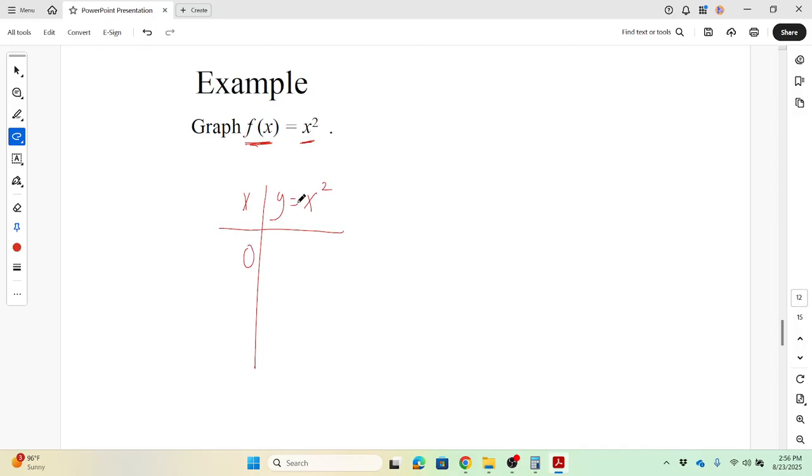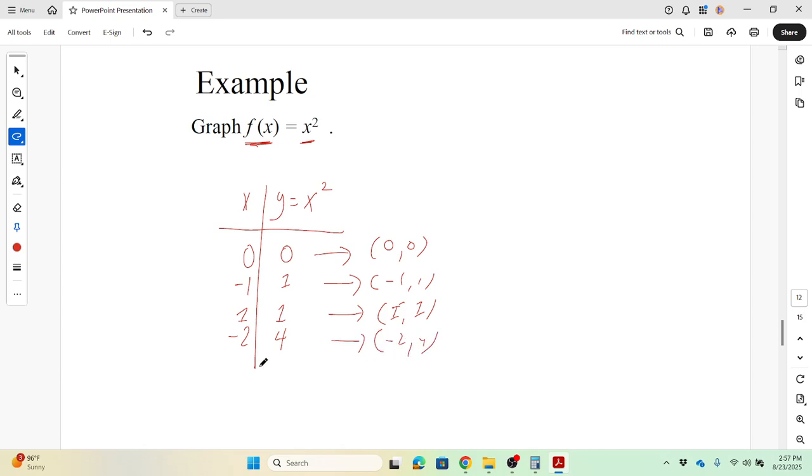This is the formula we're going to use to calculate y. y is the square of 0, which is again 0. Let's say x is -1. Then y is the square of -1, which is +1. Let's say x is +1. Then the square of +1 is 1. Let's say x is -2. Then the square of -2 is +4. You can use a calculator for that. And we just collect this type of points, and we try to plot them.